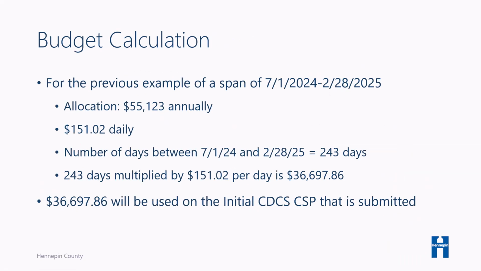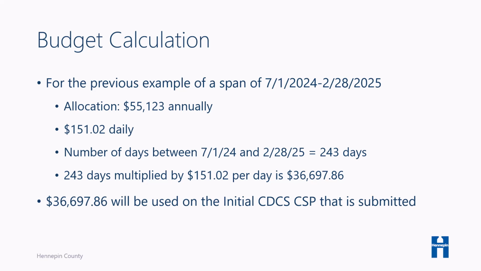Your initial plan will always have a prorated budget. To calculate this budget, you need the annual budget divided by 365 days in a year, and then take that daily rate and multiply by how many days the plan actually covers. For the plan example in the last slide, the calculations are as follows.